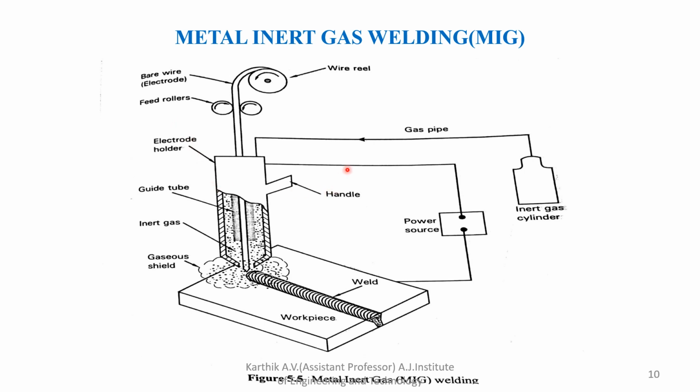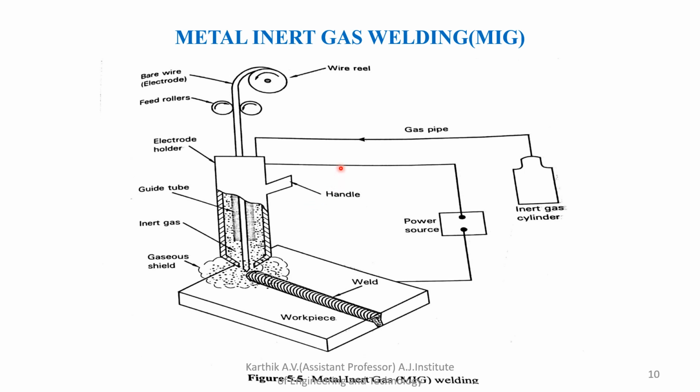Power is continuously supplied to the gun, and because of that it melts the filler material and deposits it in between the workpieces. Here the positive terminal is connected to the electrode gun, and the negative terminal is connected to the workpiece.